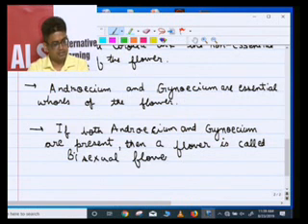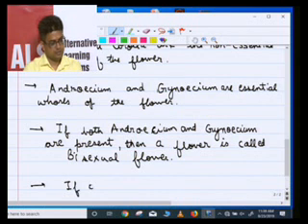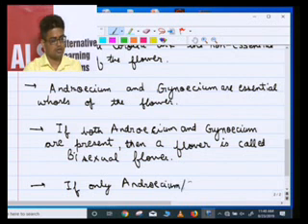But if one of these parts is missing or only one part is present, it is called a unisexual flower.